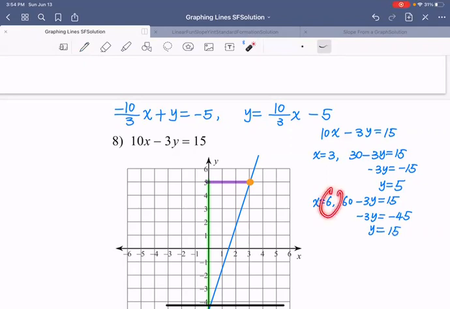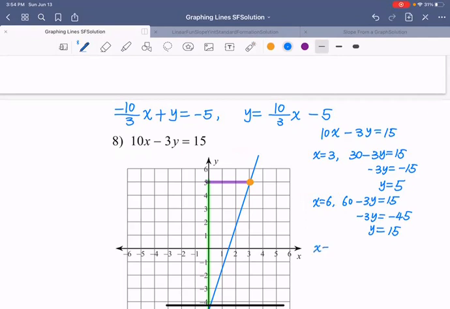This is a good point. The only problem is that the point is over there, out of my paper. So we might want to go the other direction. 3, 6, 9, but we can go 0 and -3, right? Let's go the other direction.